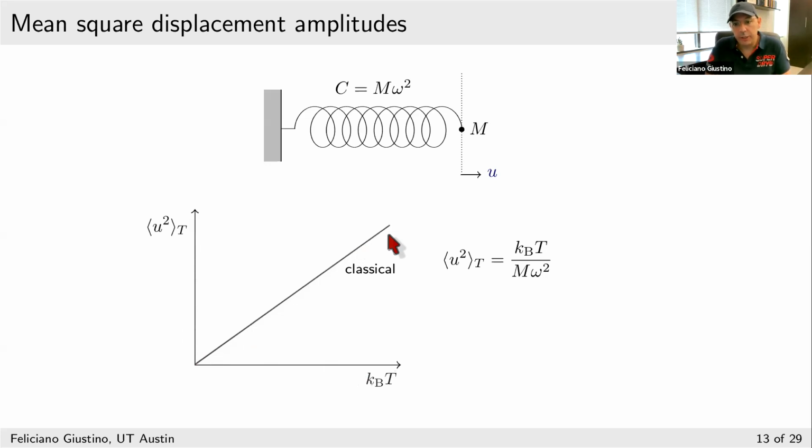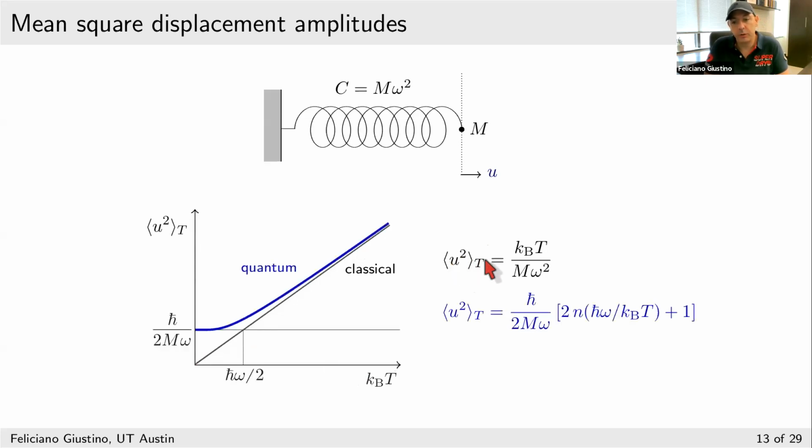Now, is this enough for our calculations? Usually it is not, because we want to describe quantum effects. So one has to replace this expression by its quantum counterpart that is obtained very simply by taking the canonical average of this square displacement using the eigenstates of the quantum harmonic oscillator. So that gives very simply the Bose-Einstein distribution that depends on the phonon frequency and the temperature.